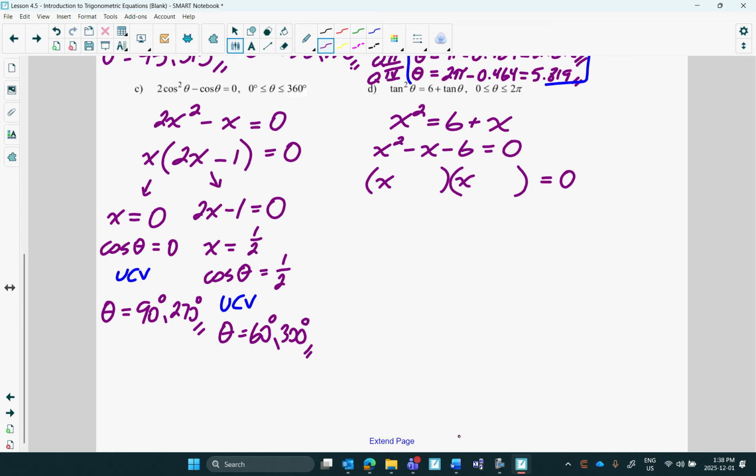I heard 6 and 1, I heard 3 and 2. What about positive and negatives? Negative 3 plus 2, that's right. Make each one equal to 0. And you know, you can replace tan theta back anytime you want.